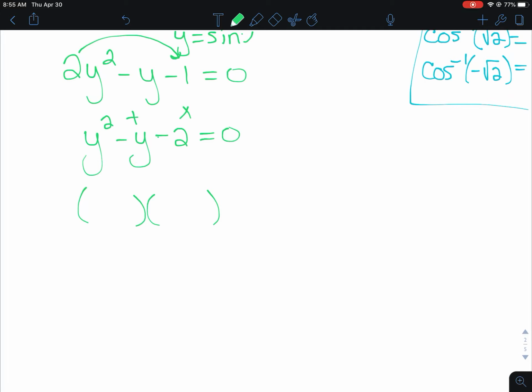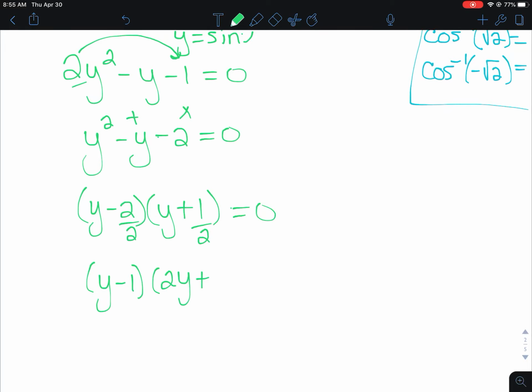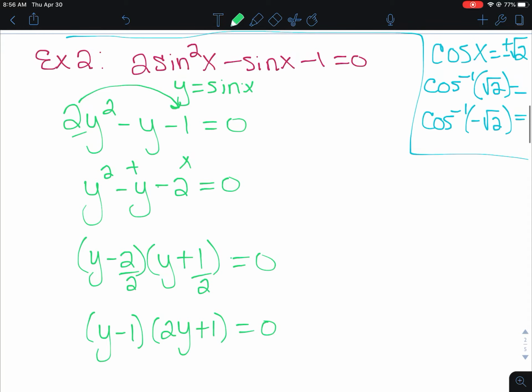Now I need two things that multiply to negative 2 and add to negative 1. I think negative 2 and positive 1. So y minus 2, y plus 1. And then because we slid the 2, we have to divide by 2. So we get y minus 1 and 2y plus 1.